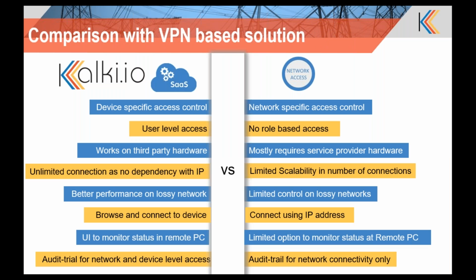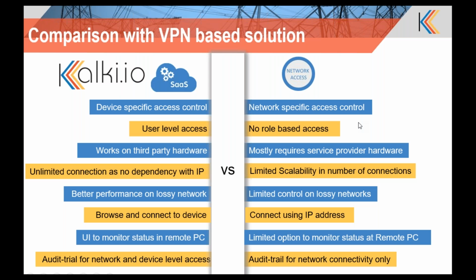If you compare with the VPN-based solution, this is a commonly used solution for remote access. The major drawback of a VPN-based solution is that it provides network-specific access control.